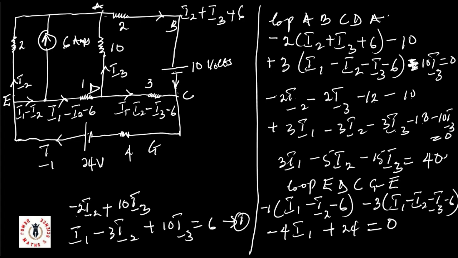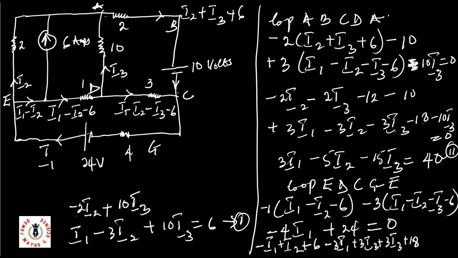Let me just identify my equations. Here's 2. Now, this splitting up becomes minus I1 plus I2 plus 6, minus 3I1 plus 3I2 plus 3I3 plus 18.